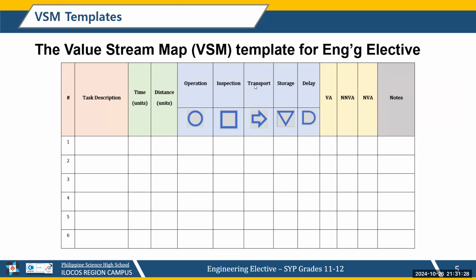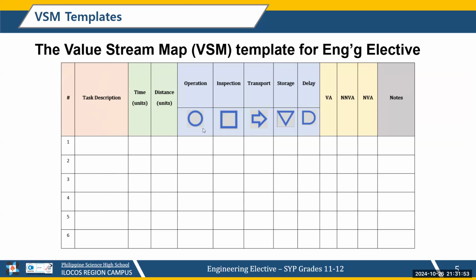So number one, we have here a column for the task description. So here we are going to list down all the process steps or activities in our process. We have the duration or time, the distance traveled by goods or traveled by people in every step of our process.